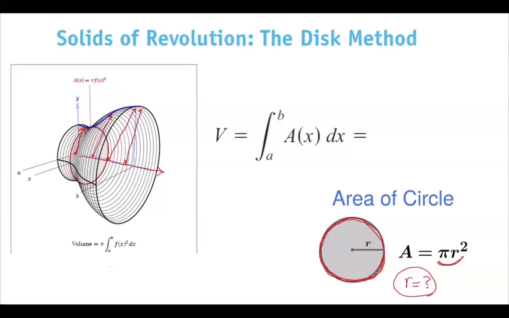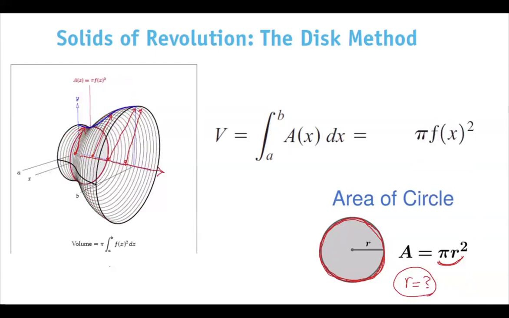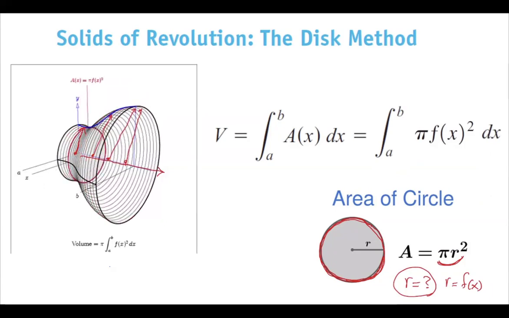This r is nothing but f of x, the function itself. So A of x, the area of this moving circular object, is pi f of x squared, because r is f of x. R is changing, and then you take the definite integral with respect to x. So this is the idea of using the disk method.